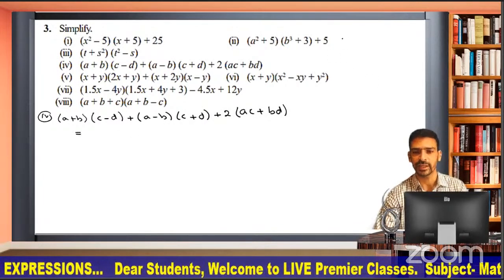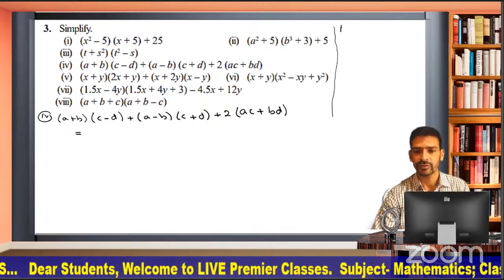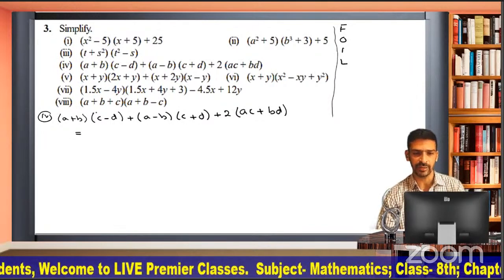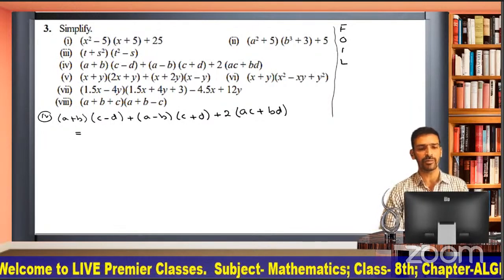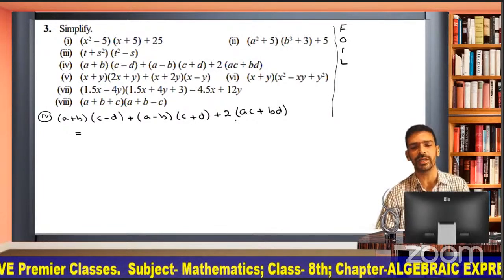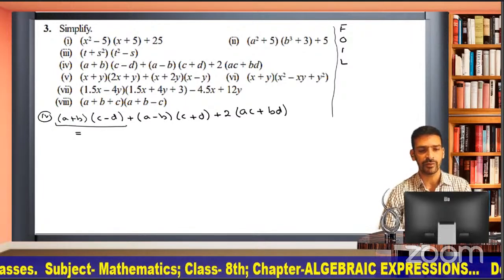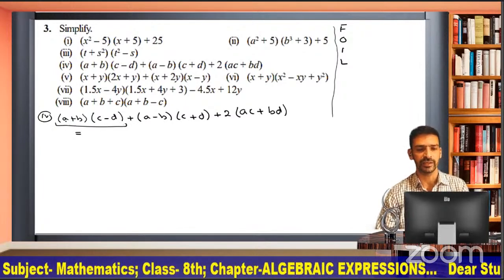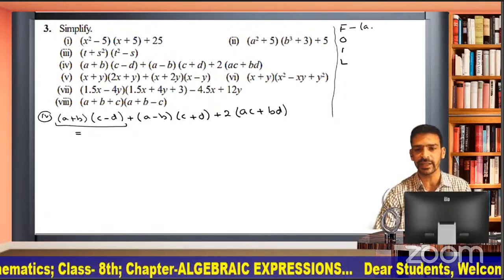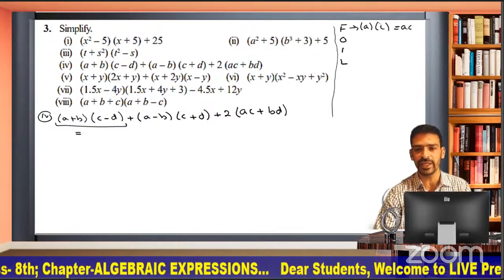So first we use FOIL. First we will apply the FOIL acronym here. First terms, that is A multiplied by C, it turns out to be AC.